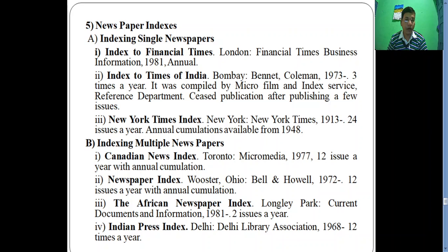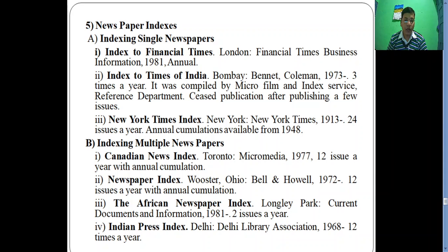Indexing multiple newspapers. Canada, for example, Canadian News Index, since 1977, 12 issues per year with annual accumulation. Newspaper Index is also published from 1972 onwards, 12 issues a year with annual accumulation.